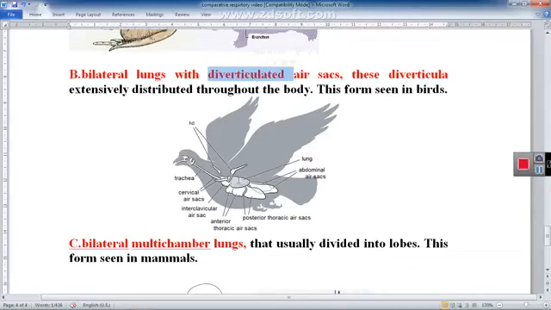And these diverticuli are found extensively distributed throughout the body of the vertebrate. And usually this form, the diverticulated lung, is seen in birds, as it provides much ability for gas exchange and also thermoregulation. You will see that the lung is small in size, but is connected to multiple diverticuli or sacs that are extensively distributed in the body of the bird.